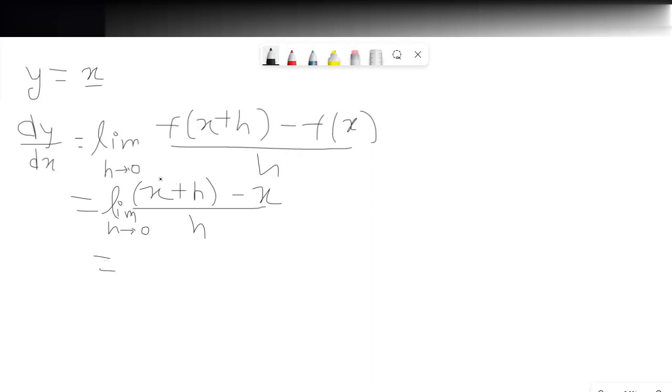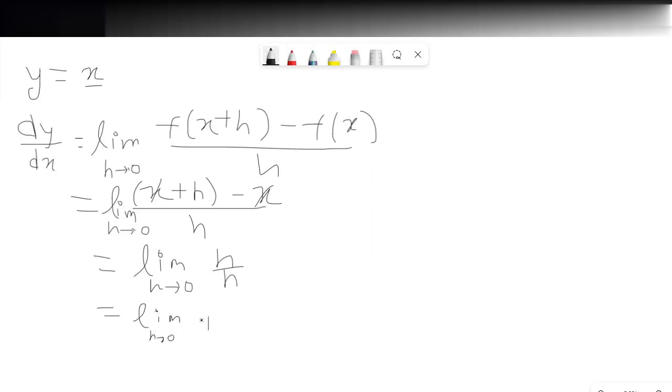So if you simplify this, the x terms cancel out and you'd only get the limit of h over h, which is the limit as h tends to 0 of 1.